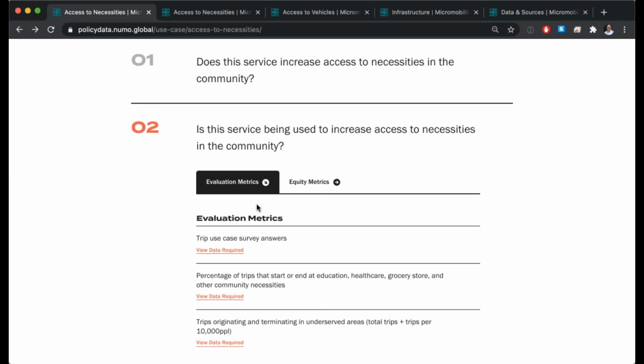Those were two different questions that we got a lot of interest in, and the difference between potential and actual, you'll see reflected throughout the metrics, because it is important to invest in modes and services that have the potential to create access, but it's also really important to know if people are actually using it for those outcomes in their personal lives. So we've tried to do our best to include both of those.